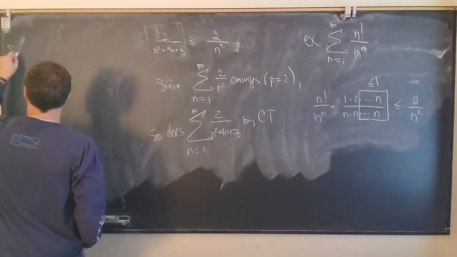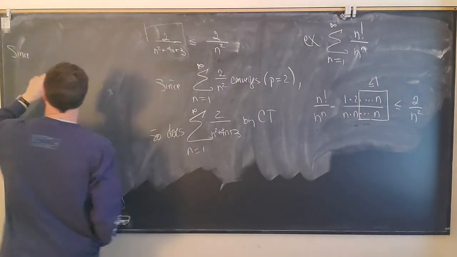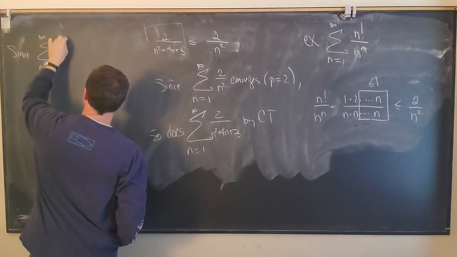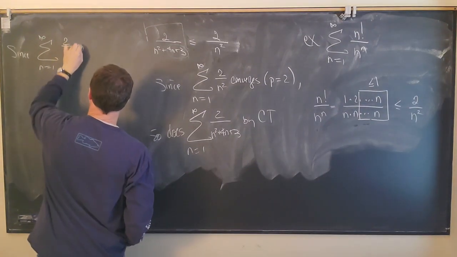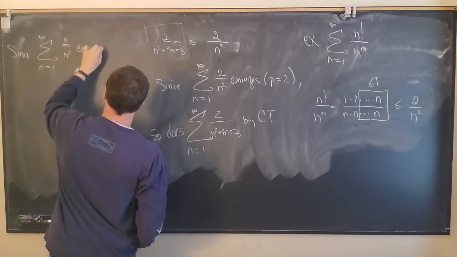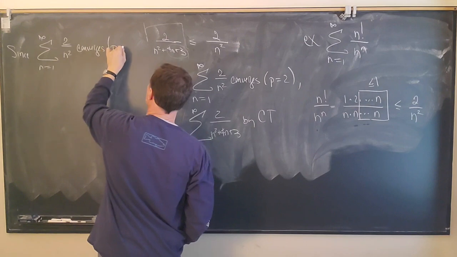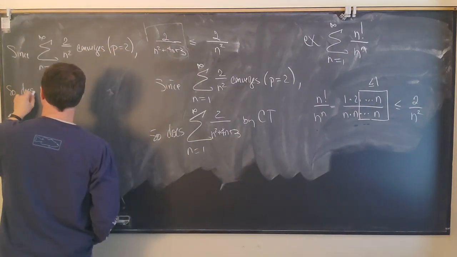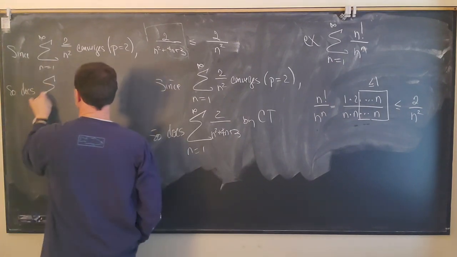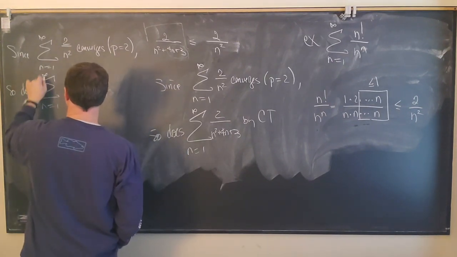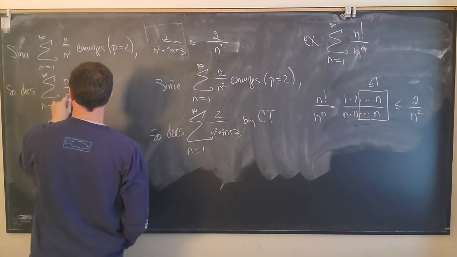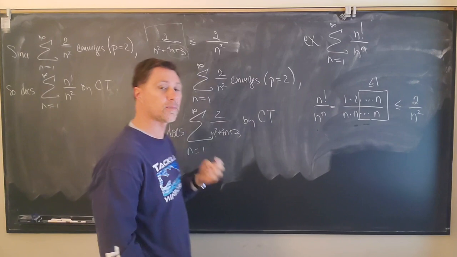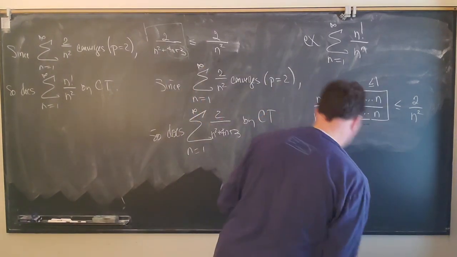Since the sum n equals 1 to infinity of 2 over n squared converges here because we've got p equals 2, so does the original series, the sum n equals 1 to infinity of n factorial over n to the n, by the comparison test. We showed that our series is smaller than one that is known to converge.